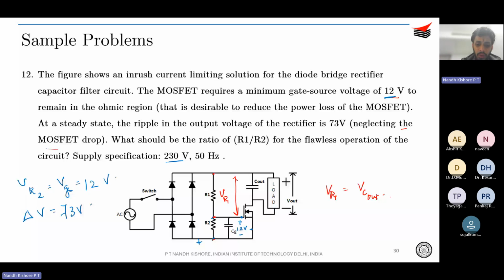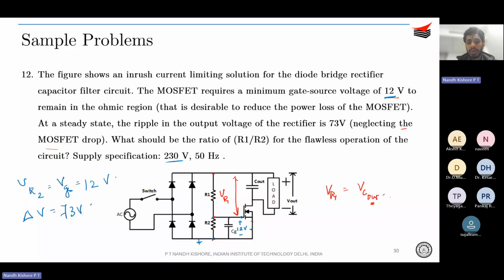The idea is that you want your MOSFET to be on for the worst case condition. So even if your output voltage is minimum, I want my MOSFET to operate. Only then, if your MOSFET is operating at the minimum condition, of course it will operate for the maximum voltage scenario.